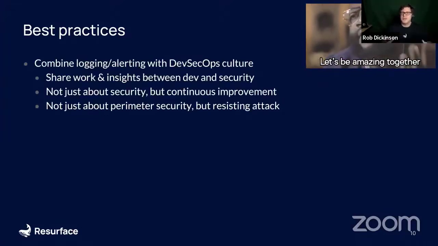It's about taking this logging data and this alerting and using that to break down some of the walls that traditionally exist between the development team and the security team, and to create more of a DevSecOps culture where both the development team and the security analysts have common data sets to rally around and to really understand what's going on.